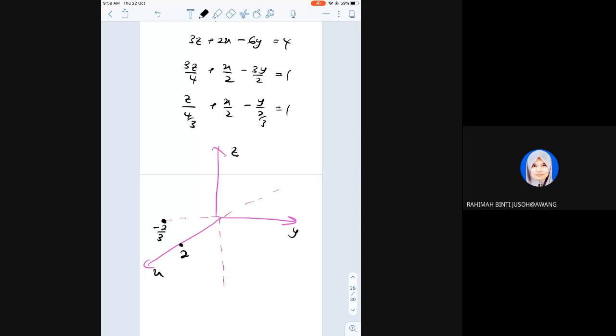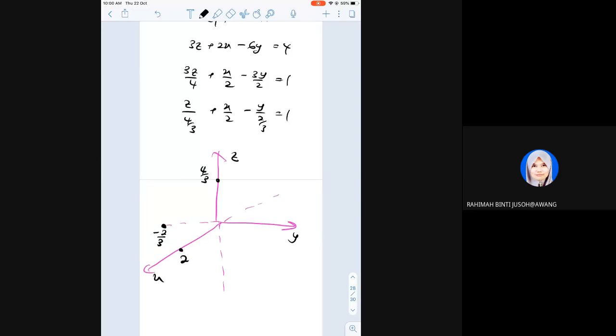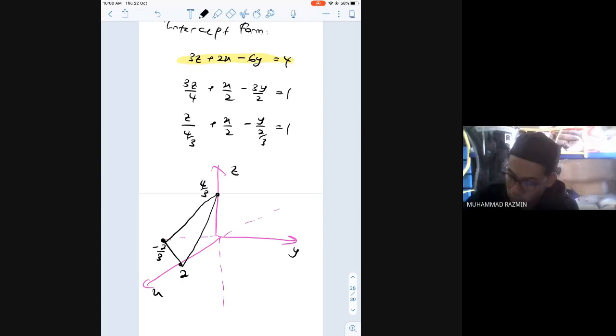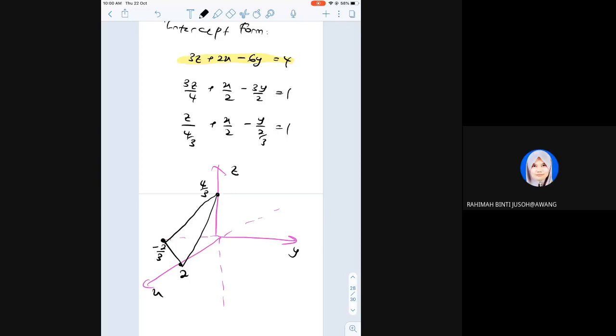And then z equals to 4 over 3. In this equation everything exists, no variable is missing. So what you should do is very simple, just connect all of these 3 points. So this is your plane. Okay, understand guys? Right, so I think that's all for today.